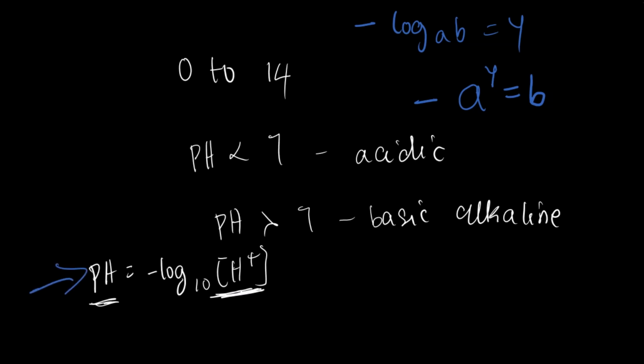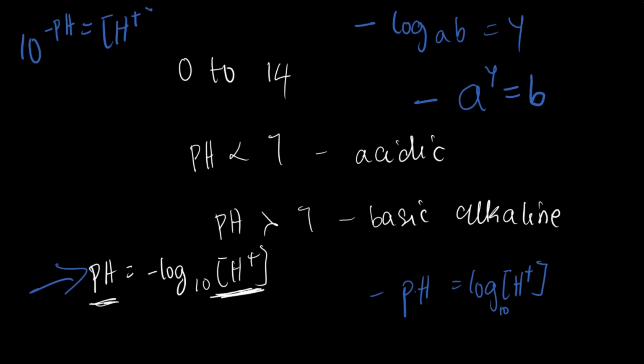Applying that to this particular equation, 10 here represents a. Before we do that, let's make the negative go to this side. So negative pH is equal to the log of the hydrogen ion concentration, with base 10. This means that 10 raised to the power of negative pH is equal to the hydrogen ion concentration. So this formula is of importance.